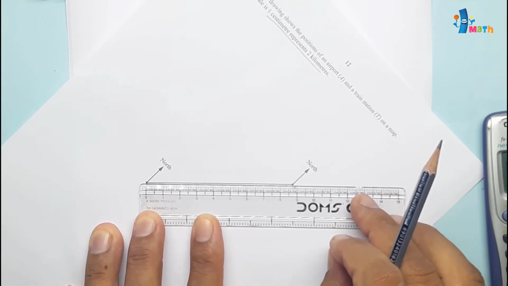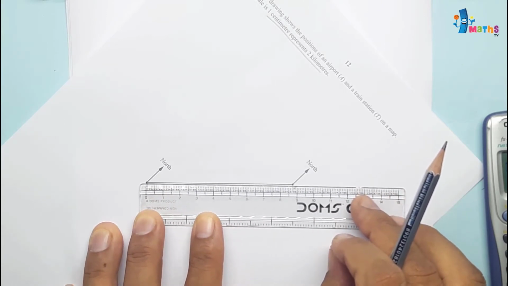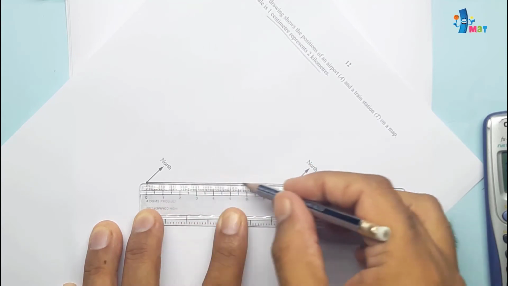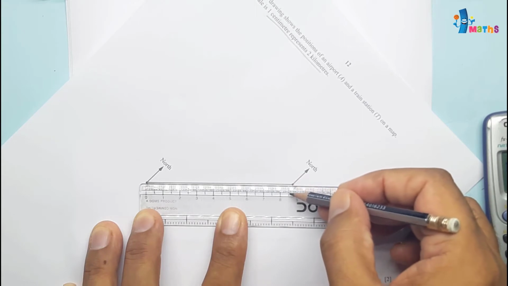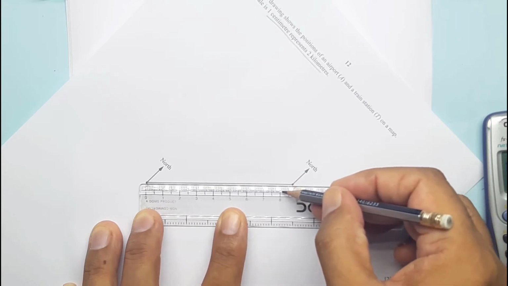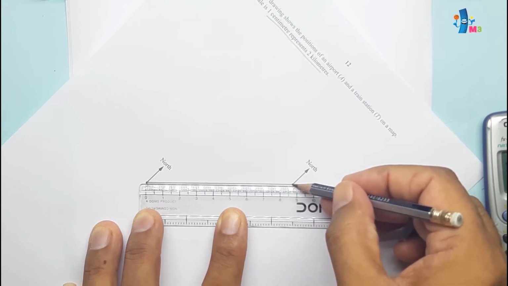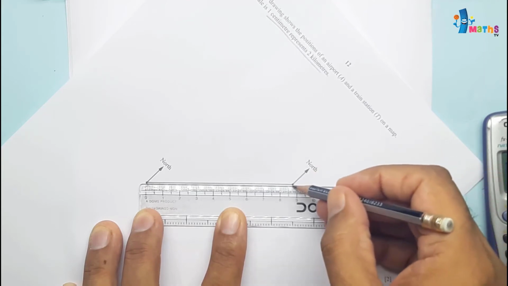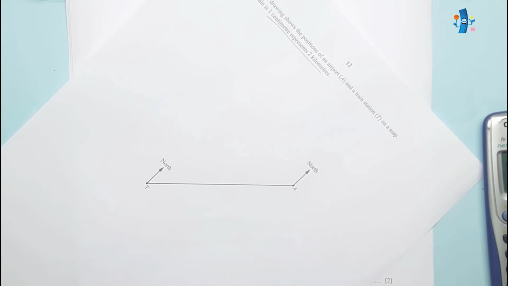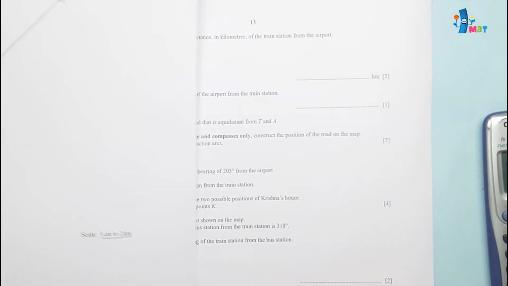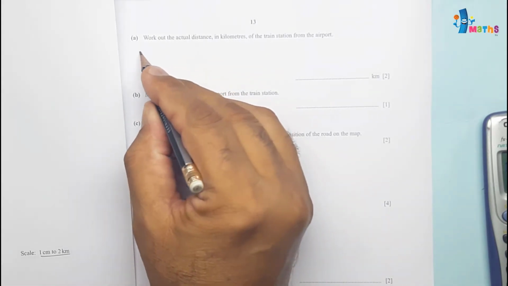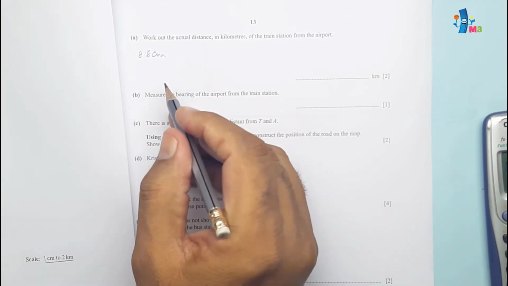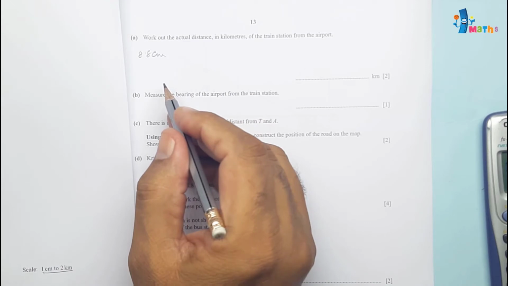In this one we have a reduced page. So this measurement is 8.8 centimeters, and we have to convert this.